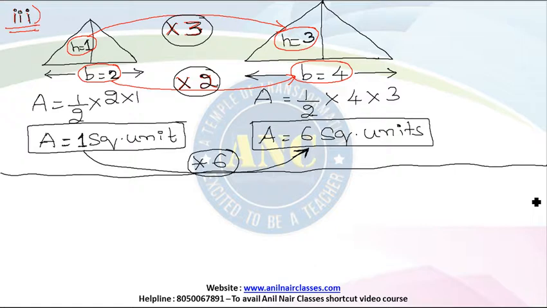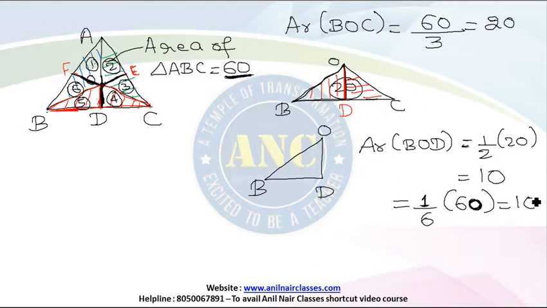And the last thing we discussed before moving on to problems is, if I draw the medians AD, BE and CF, it will divide the entire bigger triangle into 6 smaller triangles which are equal in area. That means area of triangle BOC is 1/3 of area of triangle ABC.